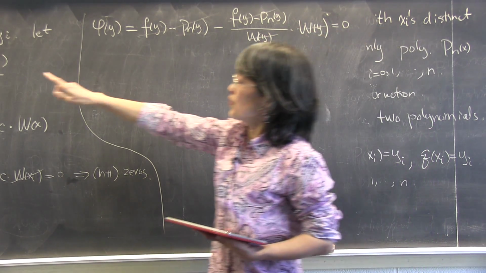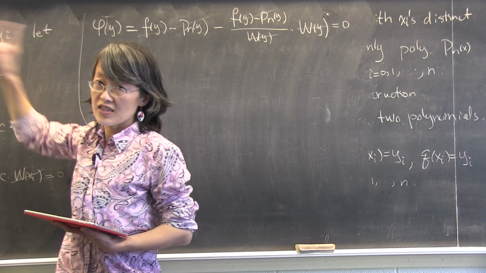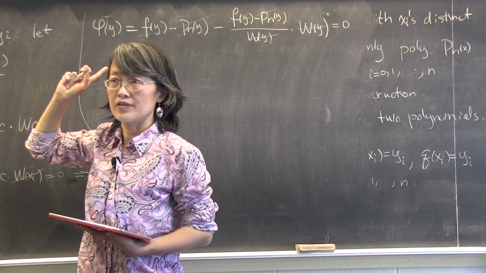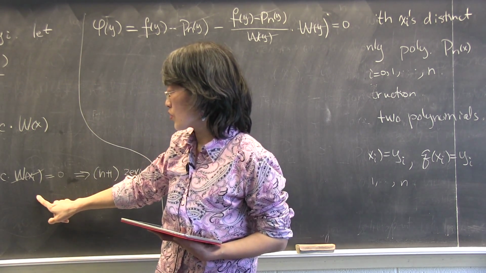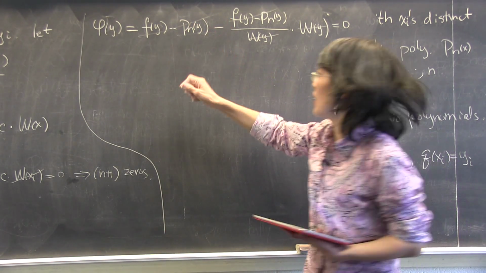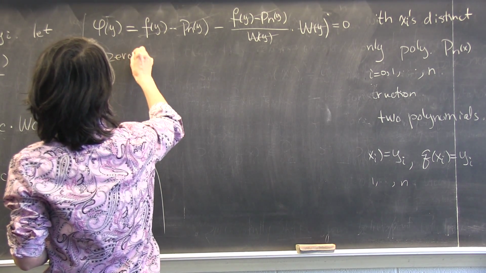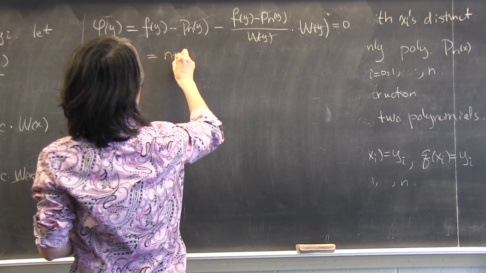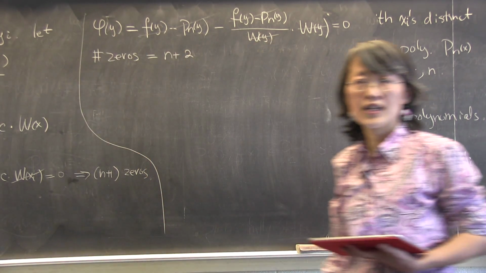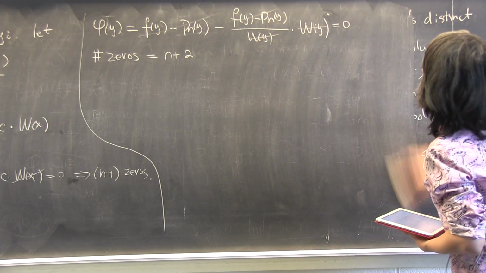And now y does not equal any of the xi, so this is a new 0. All right? So there are n plus 1 here plus an additional 0. So how many zeros do I have now? I have n plus 2, isn't it? Okay, so here comes the main argument.